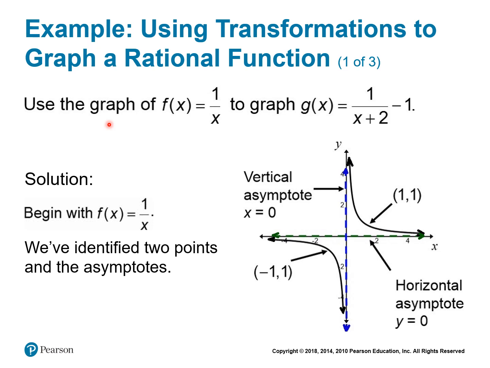We started with the basic function, and then we used the rules of transformation to determine how the graph was going to transform, whether it's going to have a vertical shift or a horizontal shift, or a vertical stretching or shrinking, or horizontal stretching or shrinking.